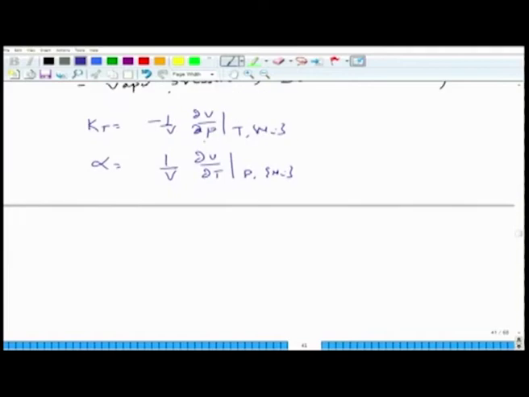Remember also that the inverse of the compressibility, the reciprocal of K, is sometimes called the bulk modulus of the material.